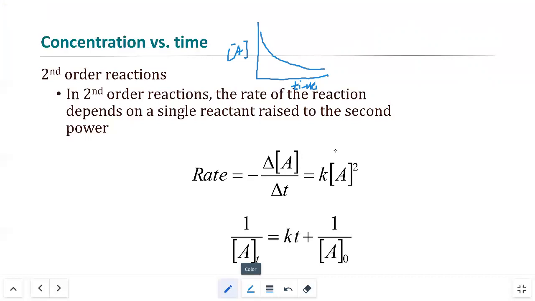And so just by looking at it, we're not going to be able to determine if it's first order or second order. The way that we're going to have to determine it is to do this integration, manipulation of the concentration to figure out which one gives us a linear plot.